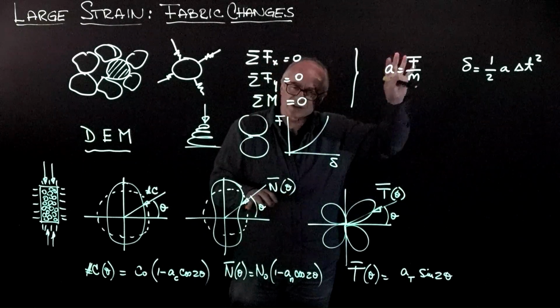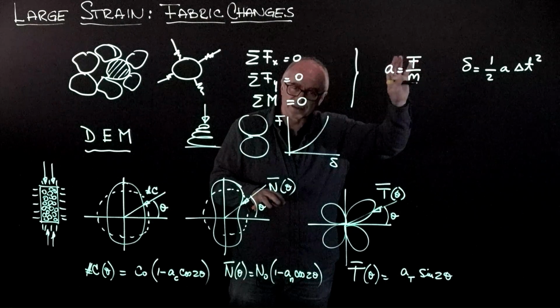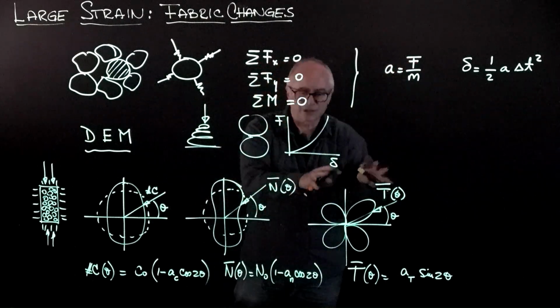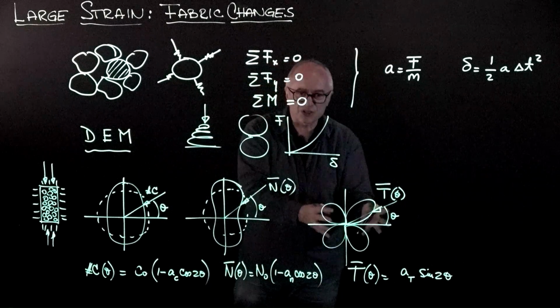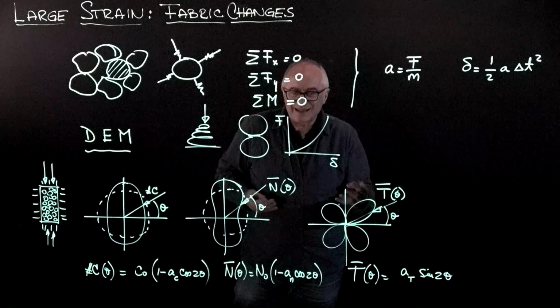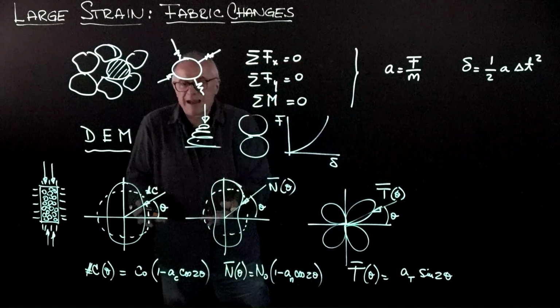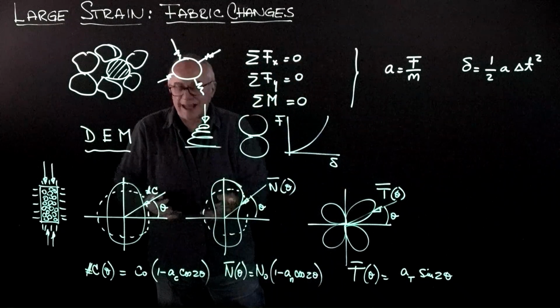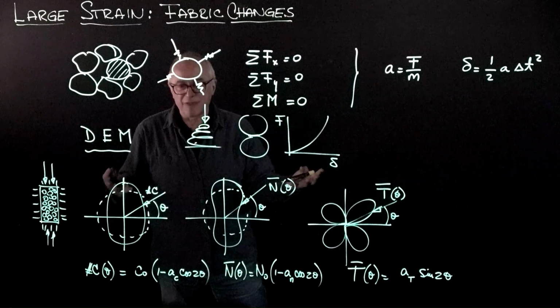That was Mohr circle for the equivalent continuum, and this was normal stress and this was shear stress. What this is telling us is that the integral of the microscale response has to be the macroscale effect.